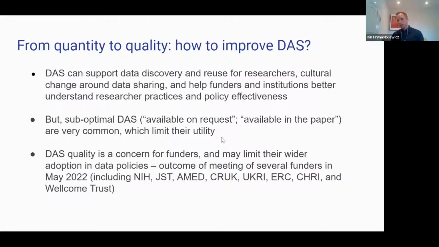We often see generic statements of available on request or data that are available in the paper, which may be a good sign in terms of engaging with data policies and providing some response to that data policy, but those very simple statements with no information about specific data sets or files do limit their utility for readers, for funders, and for institutions who might be interested in the outcomes of policies.